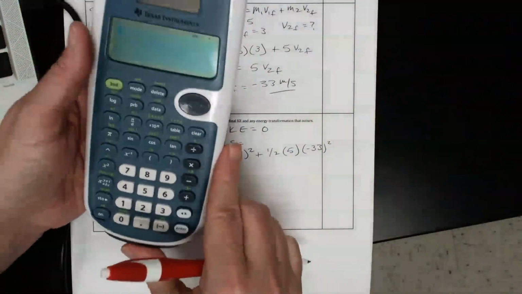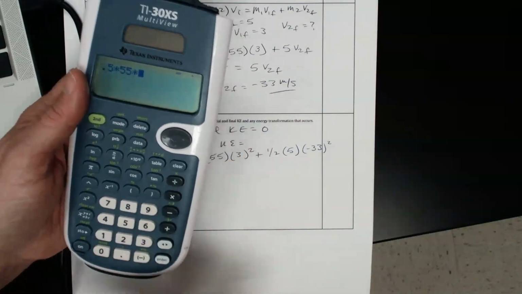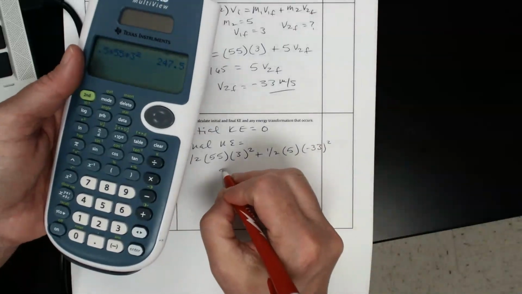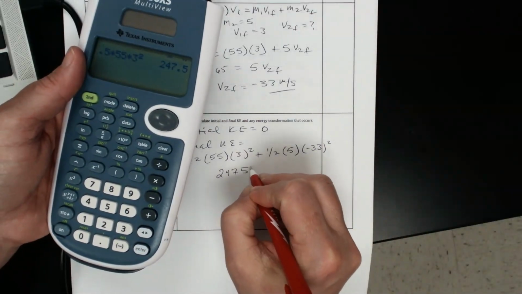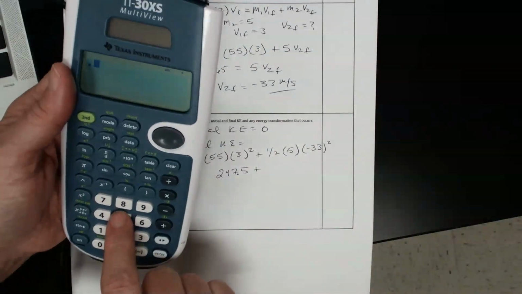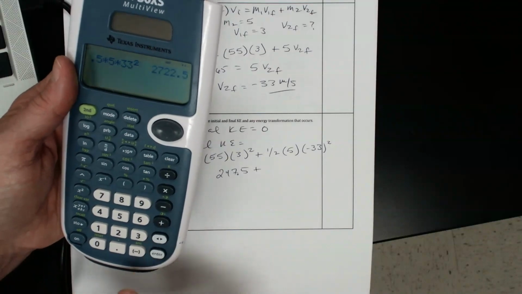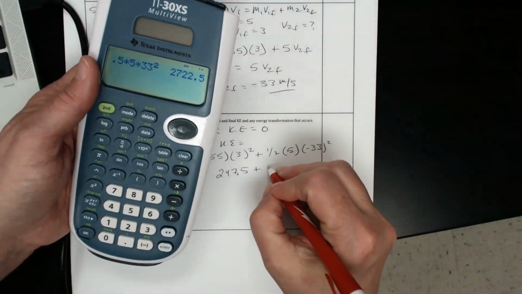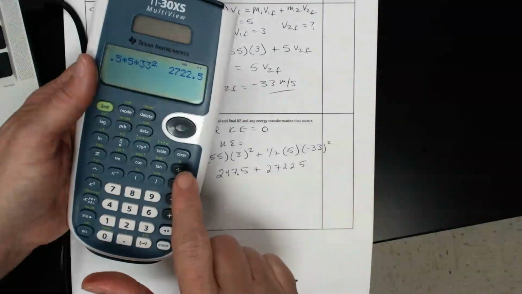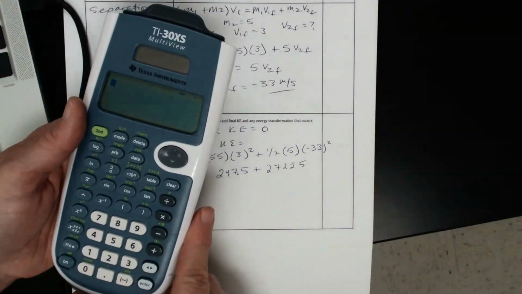Squared. So 0.5 times 55 times 3 squared is 247.5, plus 0.5 times 5 times 33 squared, and I'm not worrying about the negative, 2722.5, because the negative is going to get squared, so it's just going to go away.